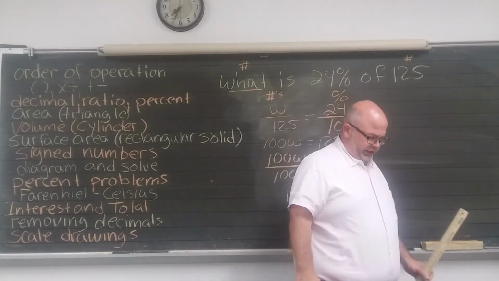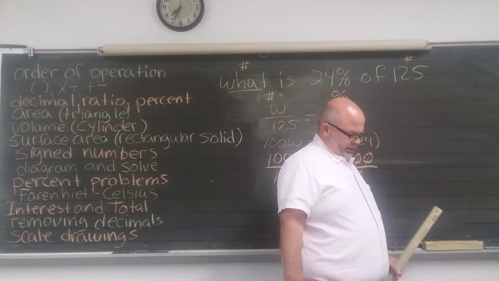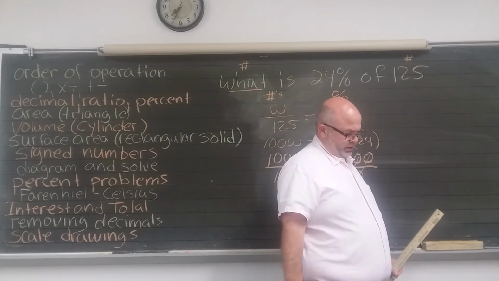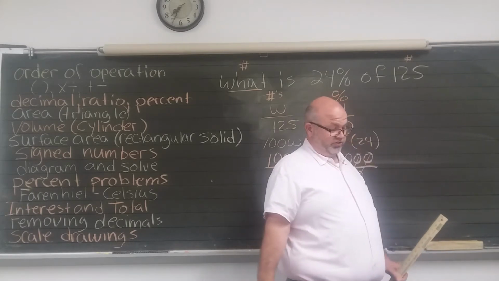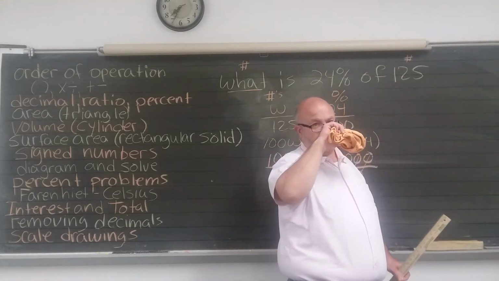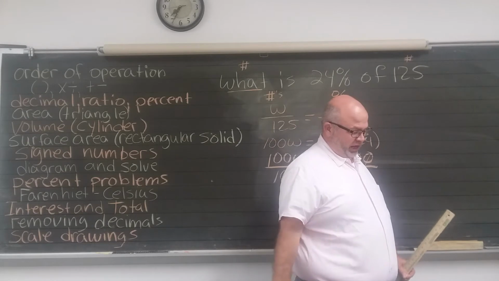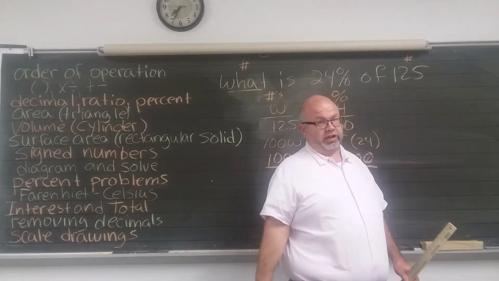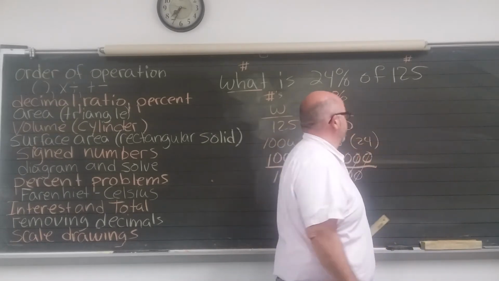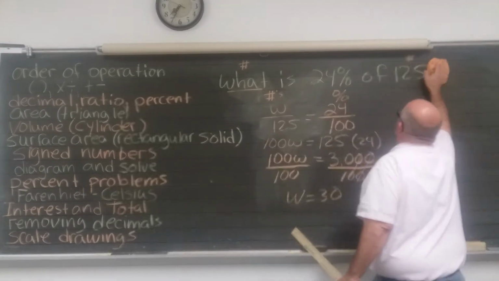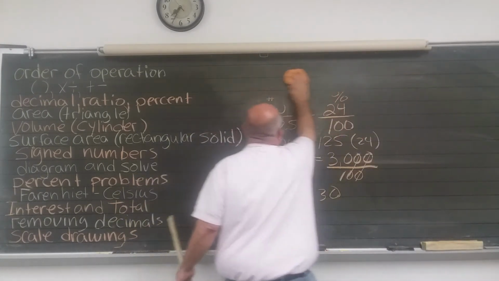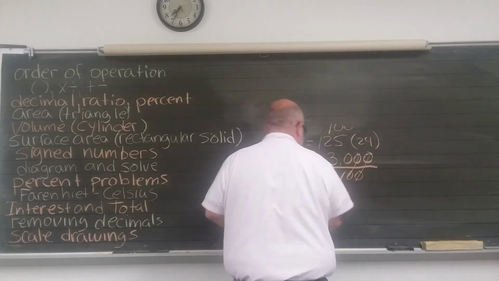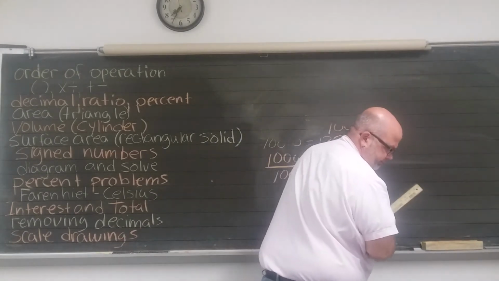All right, start working on this. You spend $125.50. You have a 6% sales tax. $125.50, 6% sales tax. How much tax are you paying? And what is your total bill then? So what does it say? $125.50.